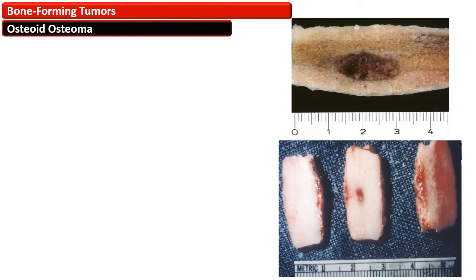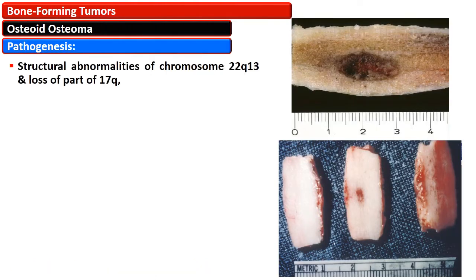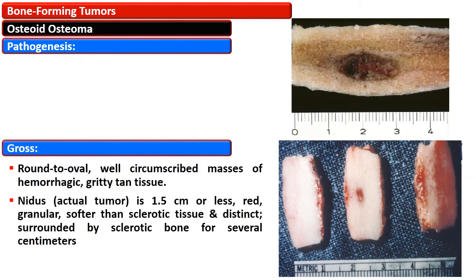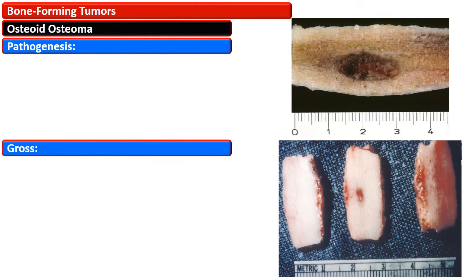These osteoid osteomas are associated with structural abnormalities of the long arm of chromosome 22, and loss of part of the long arm of chromosome 7. The gross appearance of this osteoid osteoma is a round to oval, well-circumscribed mass of hemorrhagic gray-tan tissue, and the nidus, which is the actual tumor, is 1.5 centimeters or less.